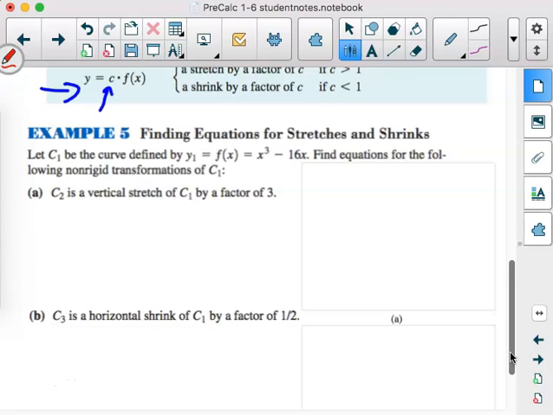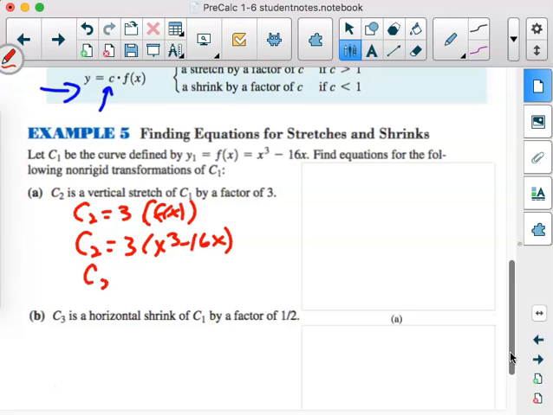So what that would mean is we need to figure out where that would go, and of course that would go in the front, because that's our a value. So we would have to take 3 times x cubed minus 16x to make that happen.